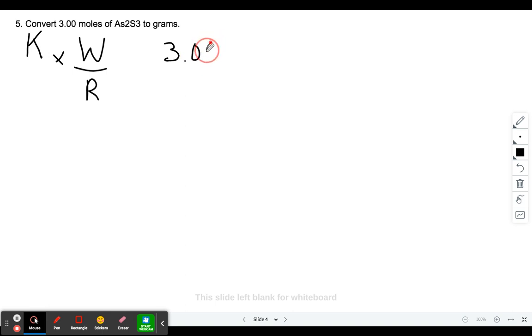So that first 3 is significant and those 2 zeros are significant. So that has 3 significant digits. And this is moles of arsenic sulfide, As2S3. Okay, so now I can write this properly as I can with the non-working hand and a non-working touchpad.